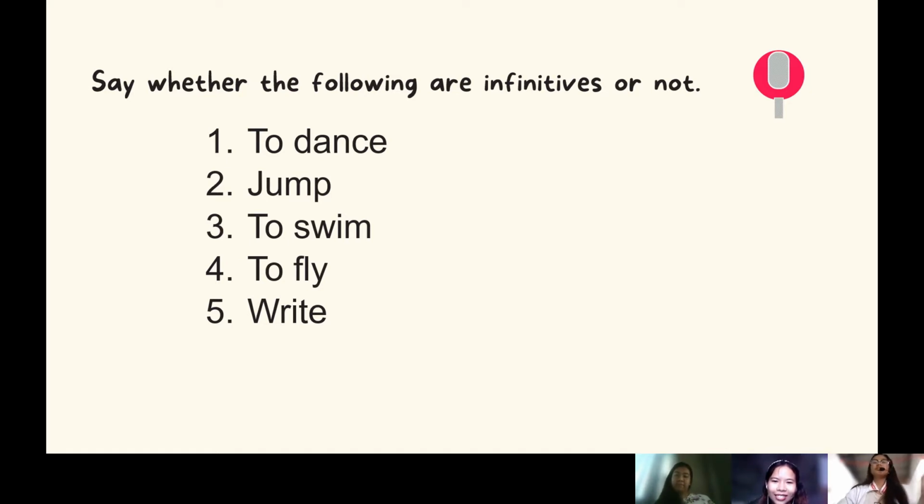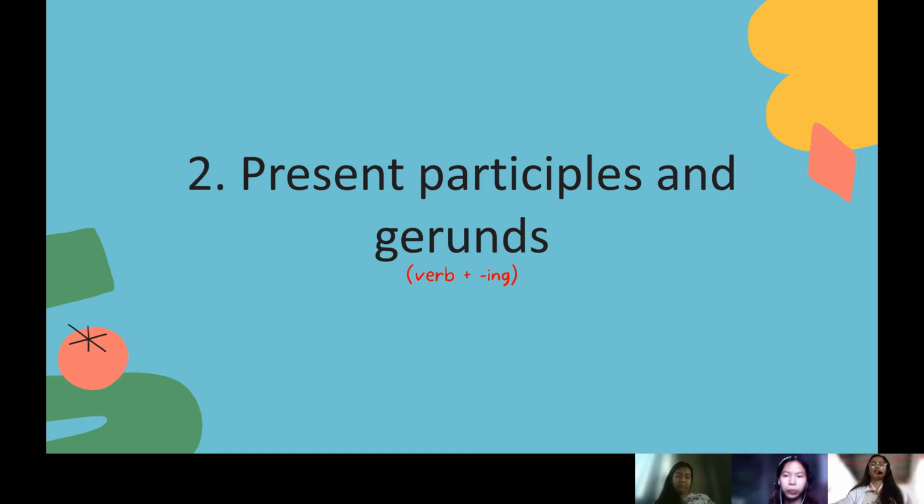Okay, great. So now that you are familiar with what an infinitive is, let's proceed to the next one: present participles and gerunds. Earlier we talked about infinitives, which are words formed by the word to and a verb combined together. Now, we have present participles and gerunds.